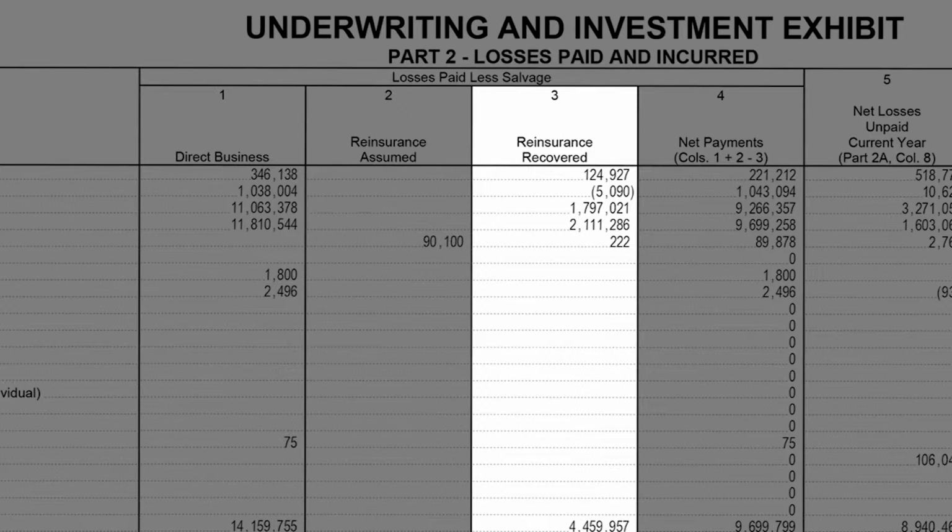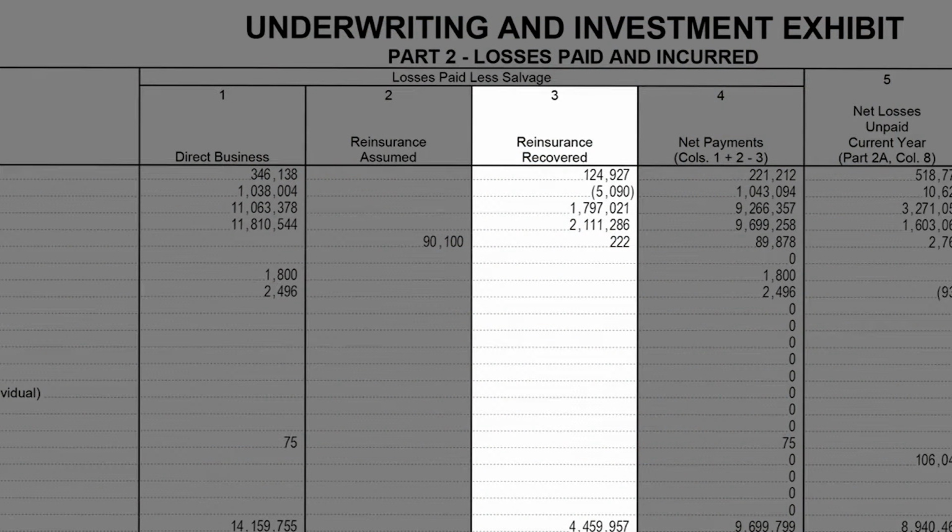And earlier we talked about ceding off some of the risk for the business that this company would be writing, and if you have losses that have been paid on that business and recognized as such, you've received money from that reinsurance company to offset that loss. That's shown as reinsurance recovered against those claim payments in column 3.